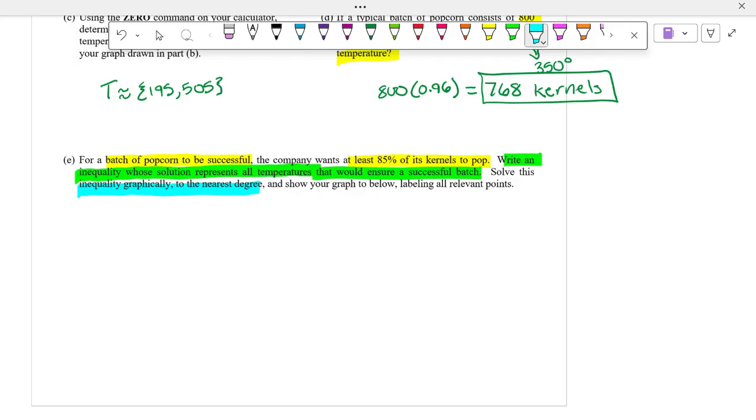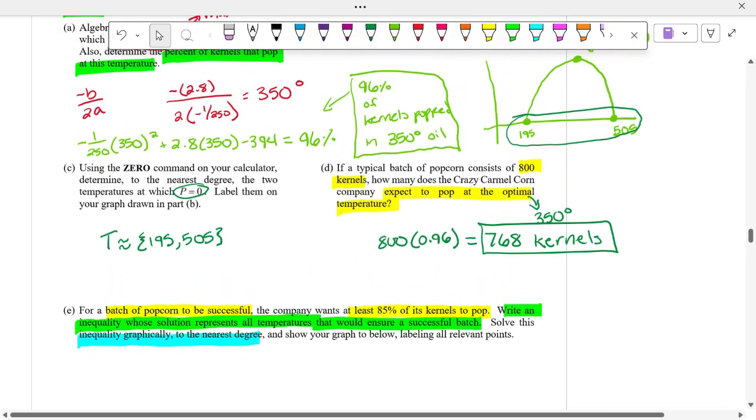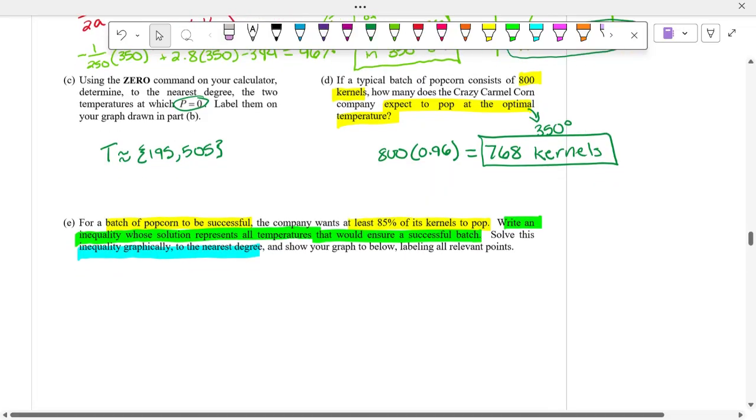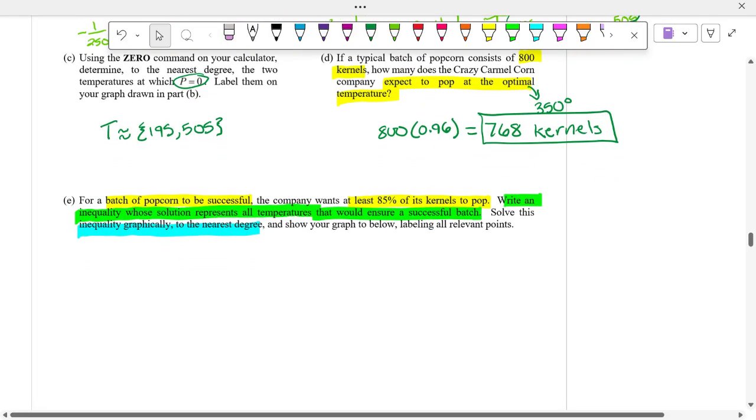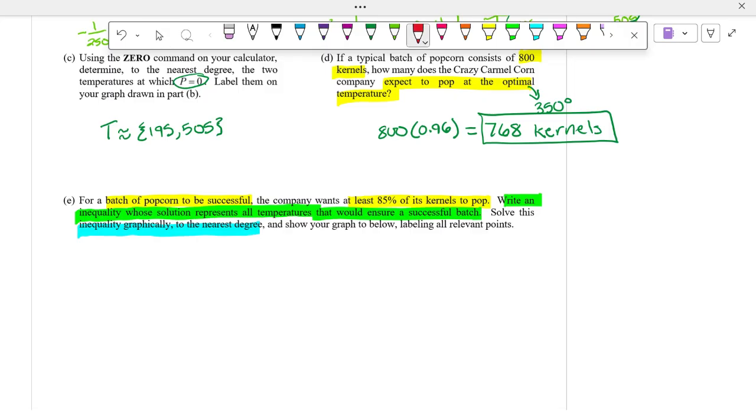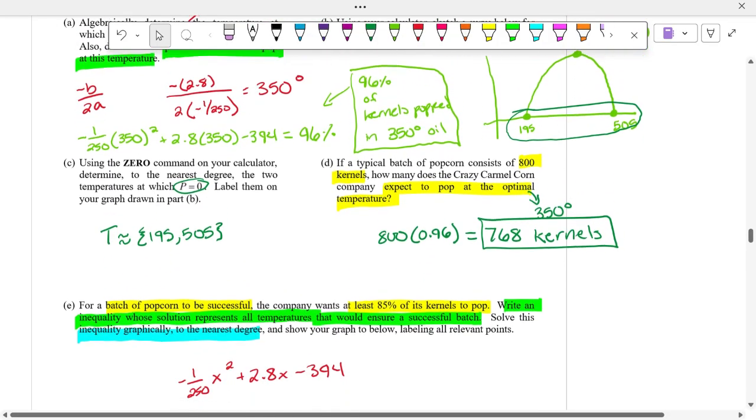We're going to solve this graphically because, although we already know our x-intercepts, we need points of intersection. First, let's write an inequality. Of course, we're going to have our original function, negative 1 over 250, using x instead of t, x squared plus 2.8x minus 394. Now, think about how our answer was back in letter A.